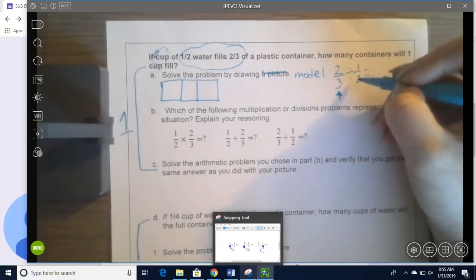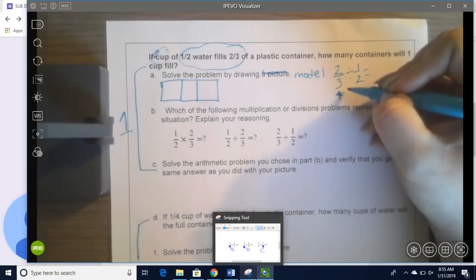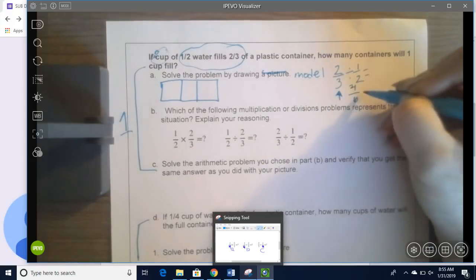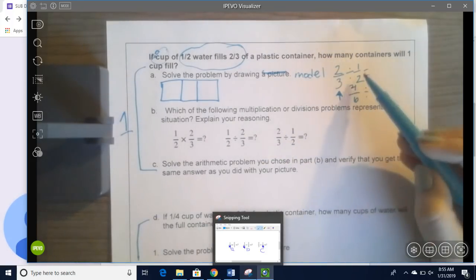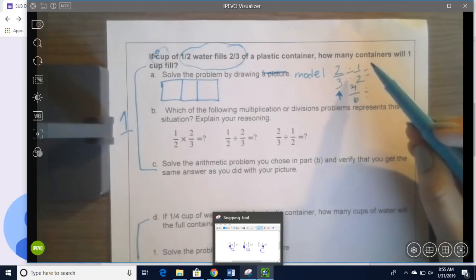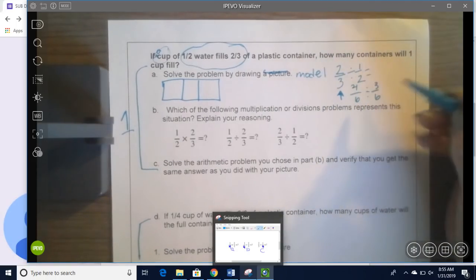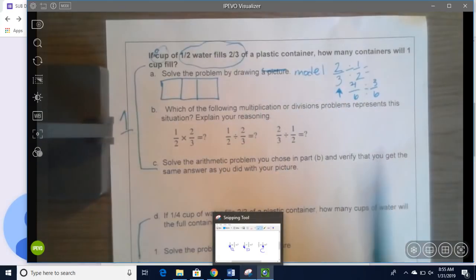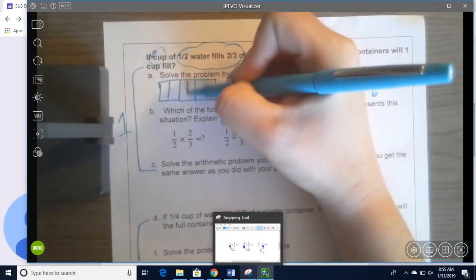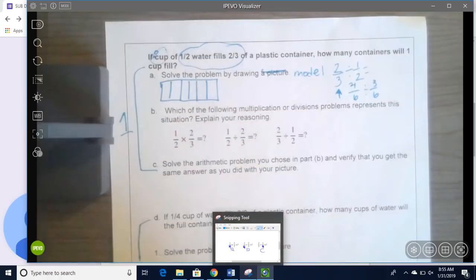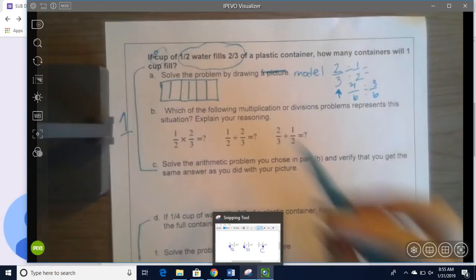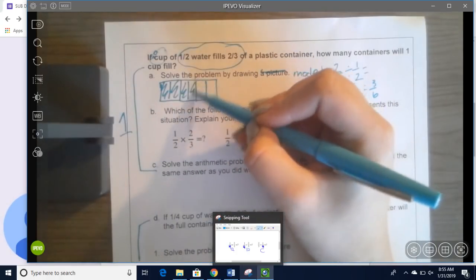All right, so 3 and 2, I know 6 can be a common denominator. So this is going to be 4/6, because I multiplied by 2, and 3/6 times 3, 3/2. All right, so we're still drawing 2/3, but now it's just 4/6. So now I just have 6 parts instead of the 3 parts. So 1, 2, 3, 4.